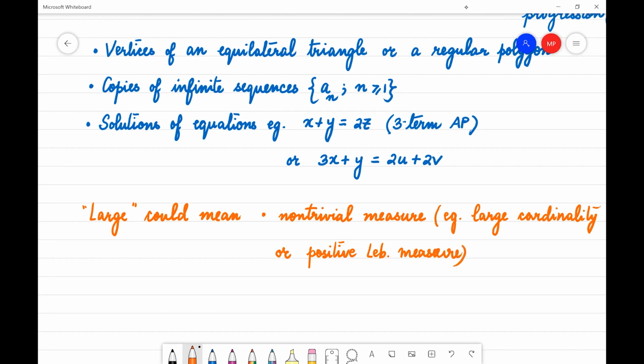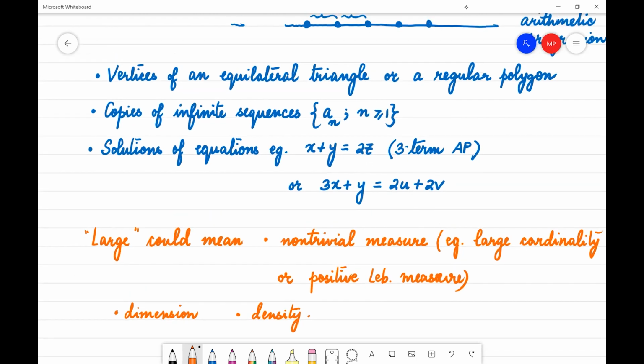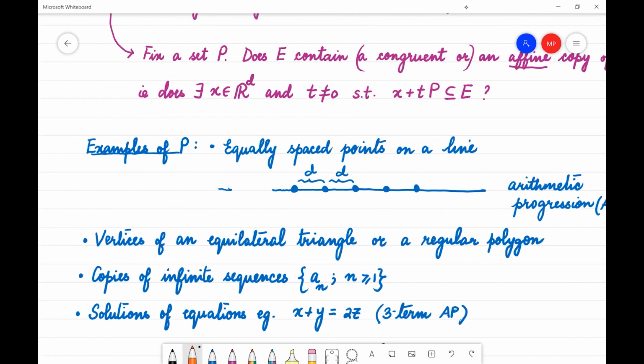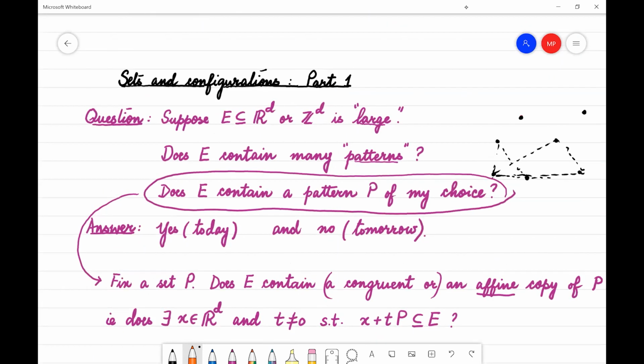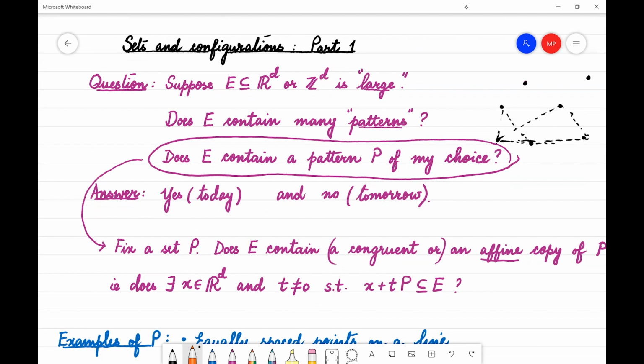It could also mean things like large dimension, a word that's very loaded, and I'm going to talk a lot about this today, or large density. Okay. So all I have done so far is to really just try and explain some of the words that show up in the first question that I posed at the beginning of my talk.